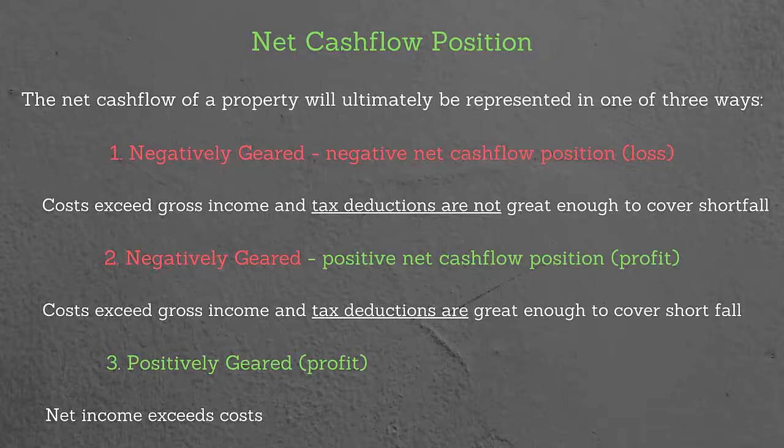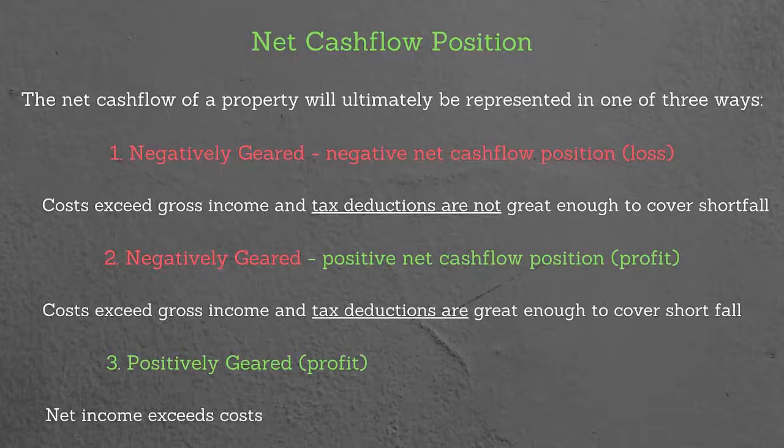And the third one is positively geared. So that's a profit position again. With that scenario, basically the net income exceeds costs. So purely the rental income is greater than all the costs associated with holding that investment property, and therefore the tax deductions are not even required to spin that property into a positive cash flow position.